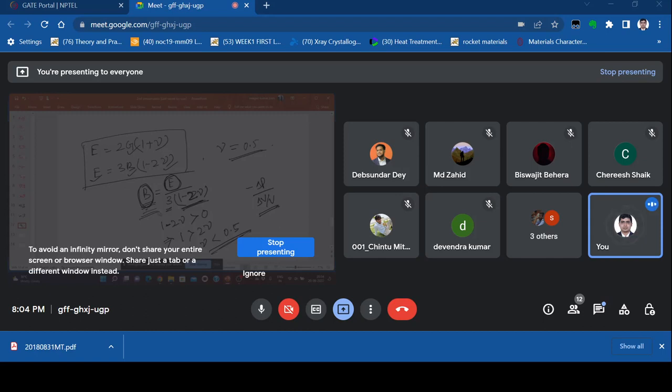Okay, so that's the way you can think. When you're applying pressure to something, then the volume must decrease. So that is the condition we have put here. That's why this is greater than 0. Otherwise, if B is negative, that means with application of pressure, volume increases. So that is not possible.